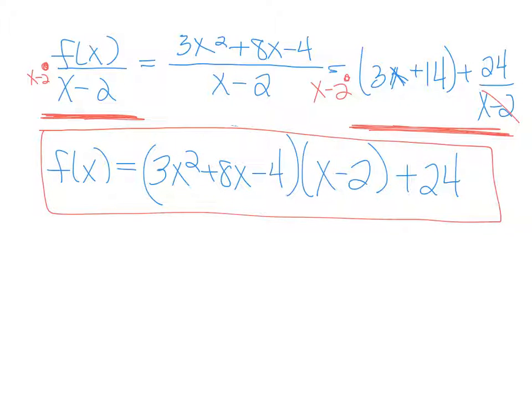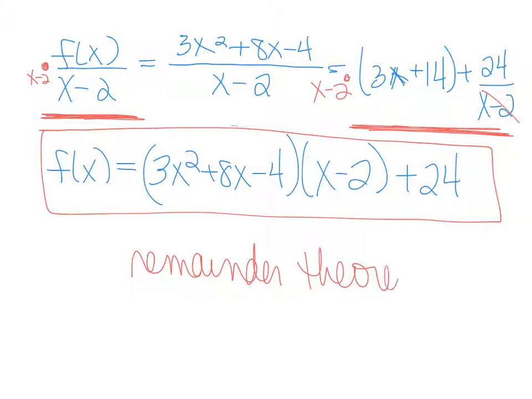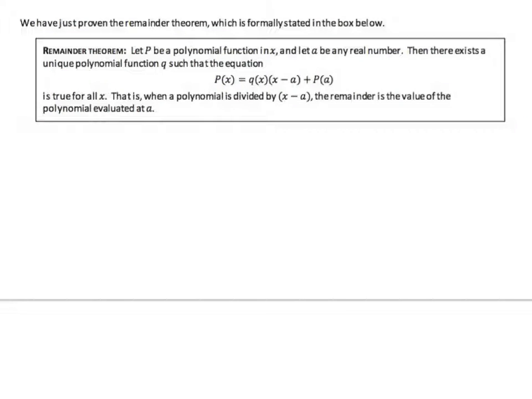Okay, this right here is the remainder theorem. And we'll get into what we can actually do with that in a minute. Okay, this is what we just did. The remainder theorem. Let p be a polynomial function in x, and let a be any real number. Then there exists a unique polynomial function q, such that the equation p of x equals q of x times x minus a plus p of a.